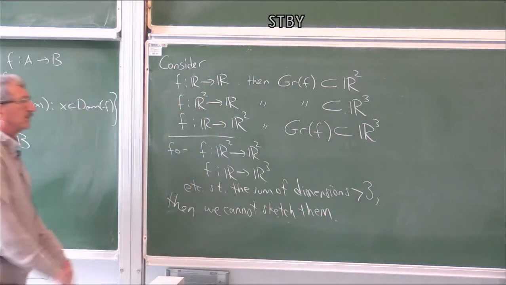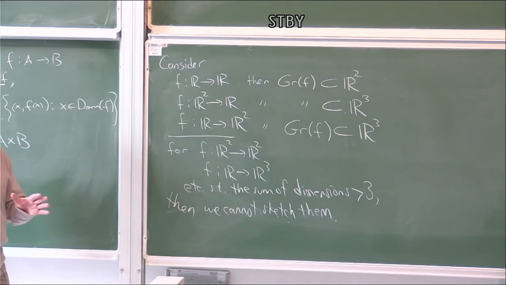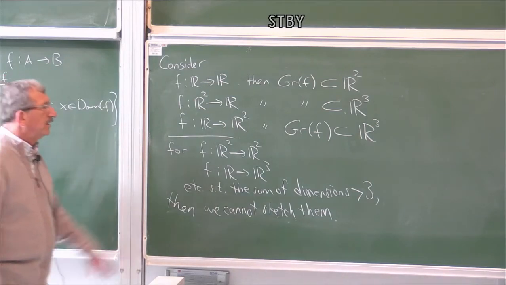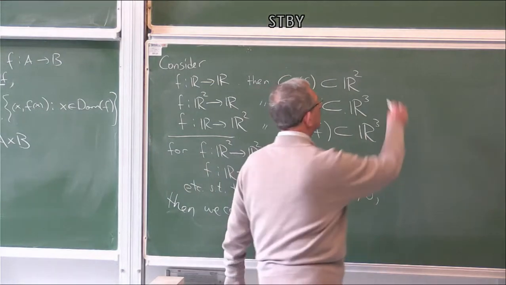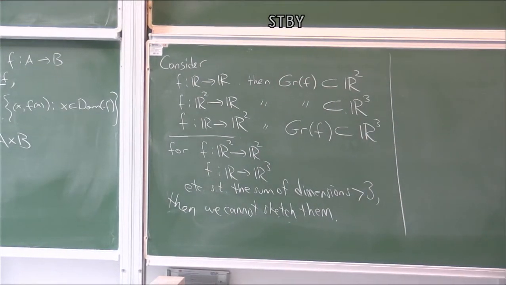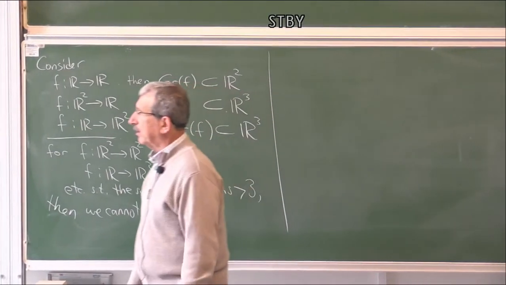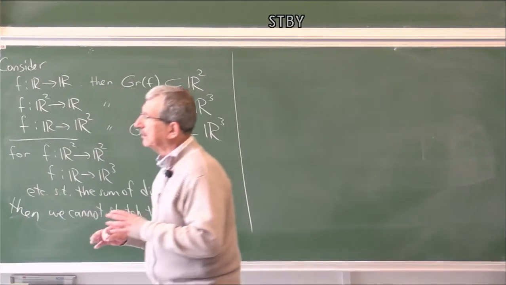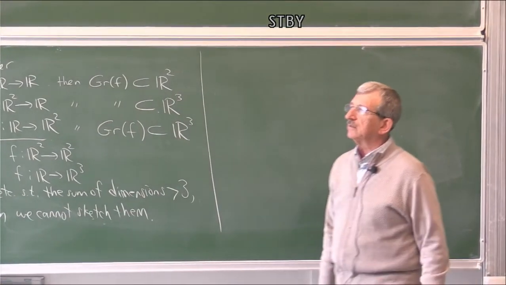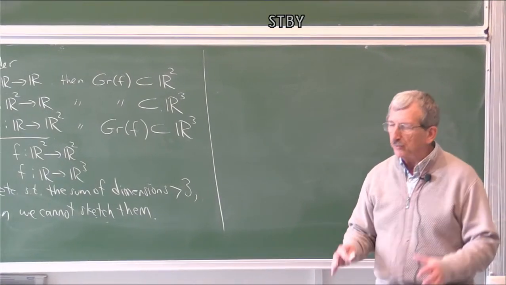Simply because we can visualize, not imagine, but visualize, only up to dimension 3 inclusive. So at least location-wise, our dimensions are restricted to 3.